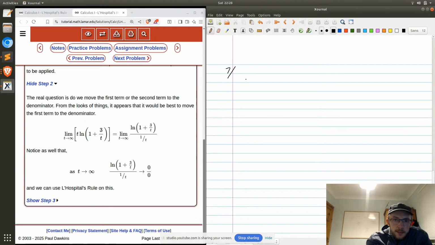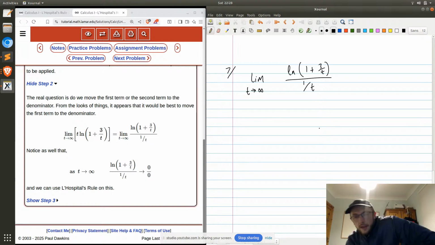Then we get this, and so this, although I cannot evaluate it yet, I can apply L'Hopital's rule.